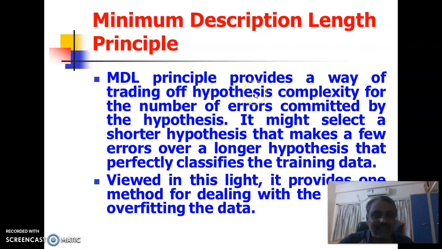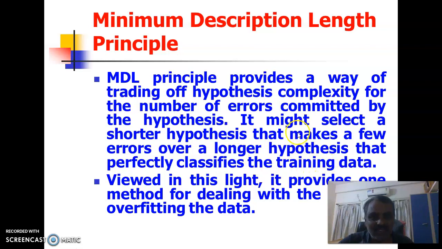The thing is, when you go for a lesser complexity hypothesis, we may have to accept more errors. When you have high hypothesis complexity, we may have fewer errors.